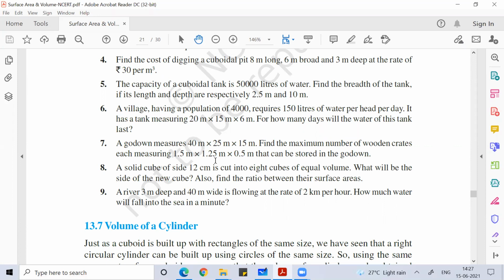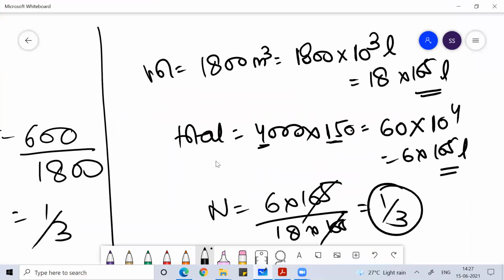I think there's a calculation error, that the answer given is wrong according to me, because I did it both ways and I'm getting 1 by 3 only. I think that is an error, because I did nothing wrong.